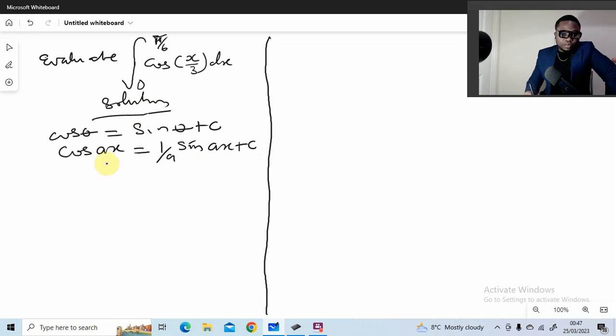This is the formula I'm going to use to integrate this. It is shorter if you can remember the formula, but the second method is longer if you cannot remember the formula. Whichever one, you are good to go.